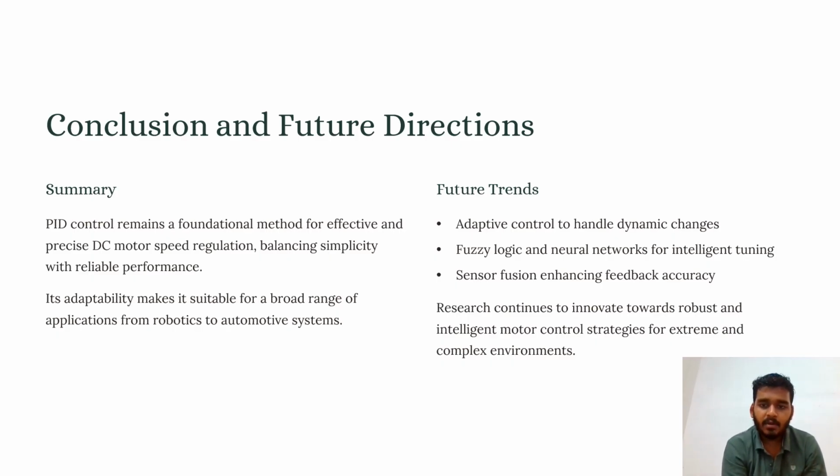Future trends: adaptive control to handle dynamic changes, fuzzy logic, neural networks, and intelligent tuning, and sensor fusion enhancing feedback accuracy. Research continues innovating towards robust and intelligent motor control strategies for extreme and complex environments.